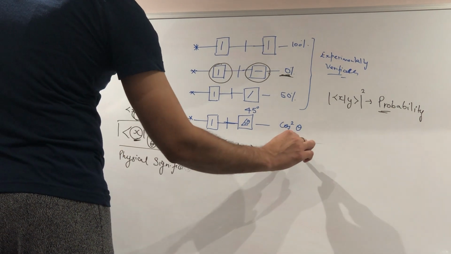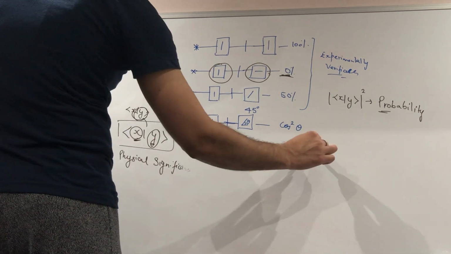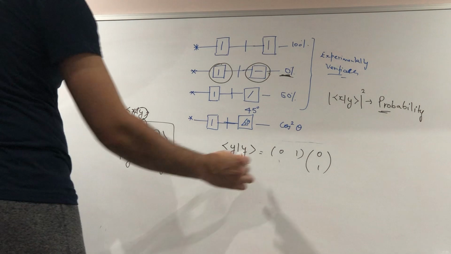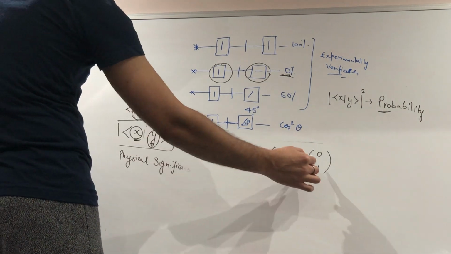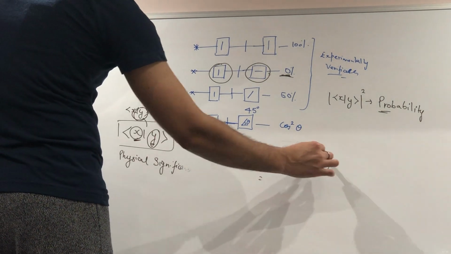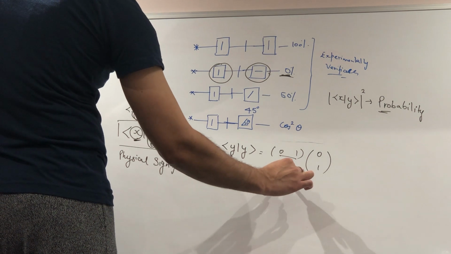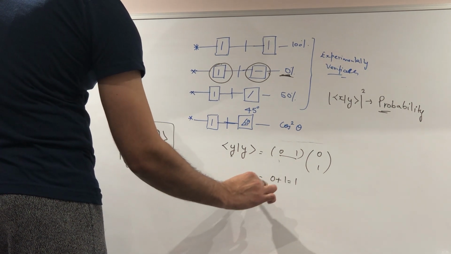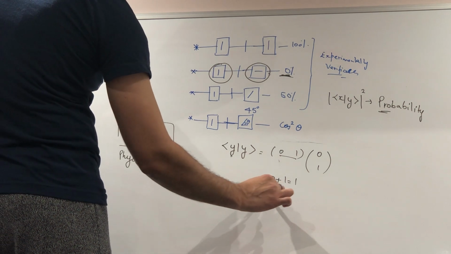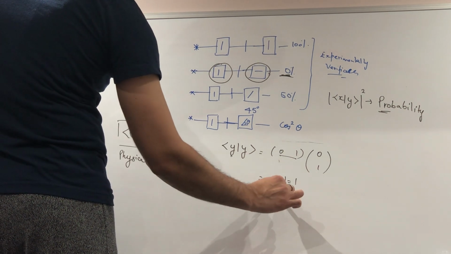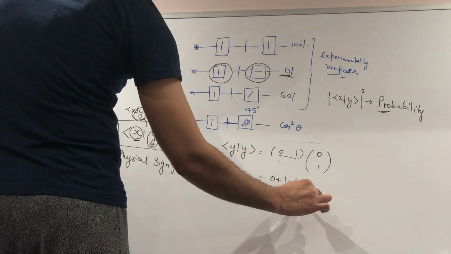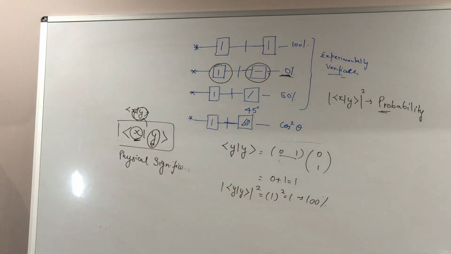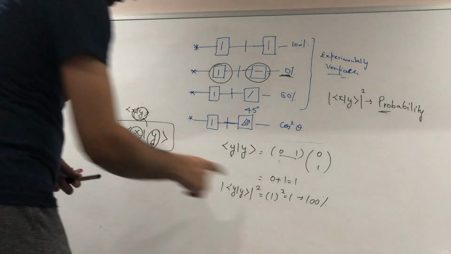Now we have to find the complex conjugate row matrix, then 0, 1. So this is the Y bra matrix and this is the ket matrix. I write it as 0 plus 1, which is 1. I'll square it, as I have to find the probability. Probability is again 1 squared, which is 1. So that means there is 100% output that I will be getting. So probability becomes 1.